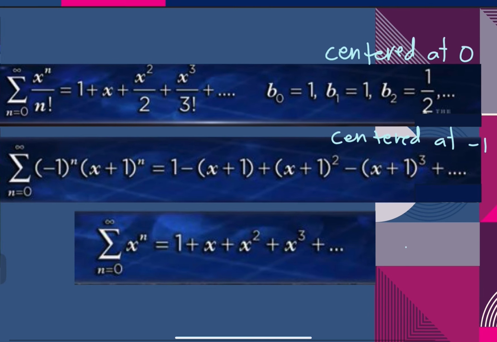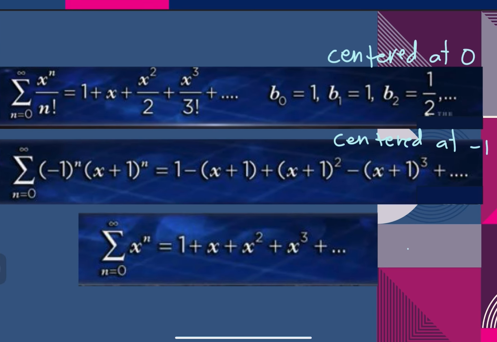The first one, we have seen this before, the sum of x to the n over n factorial, which is 1 plus x plus x squared over 2, and so on. What are the coefficients here?